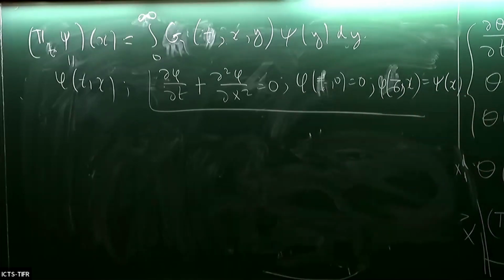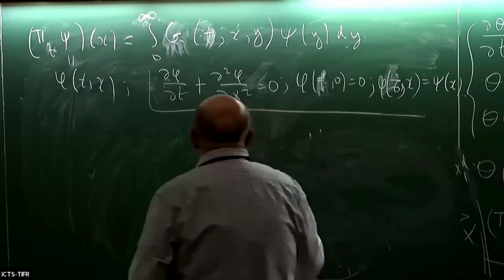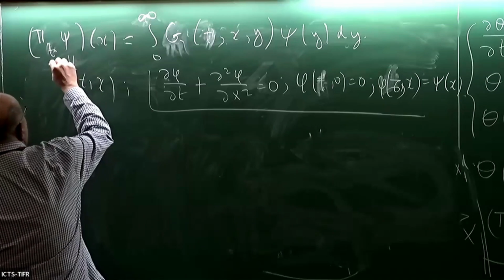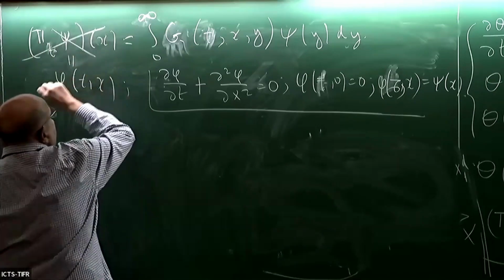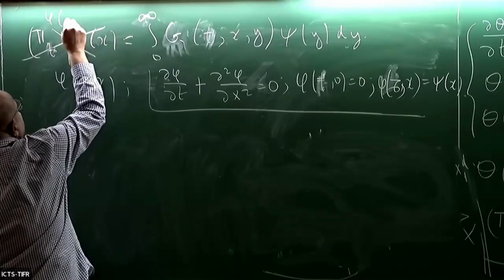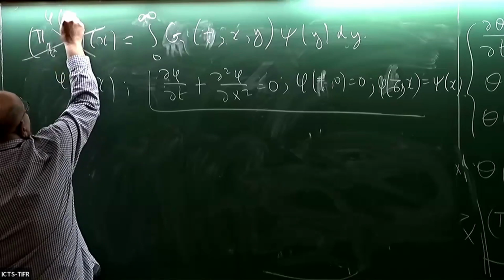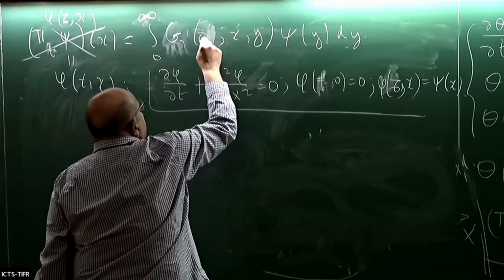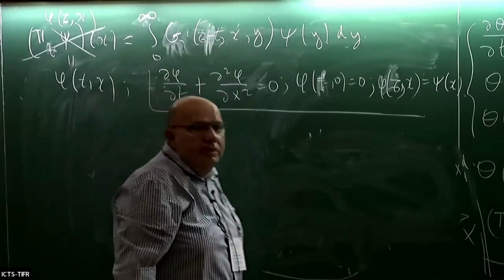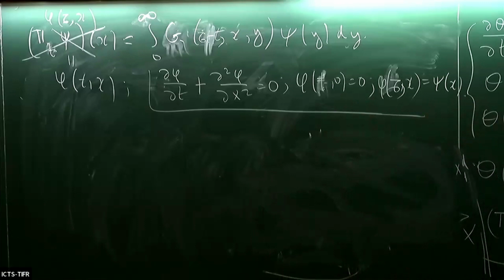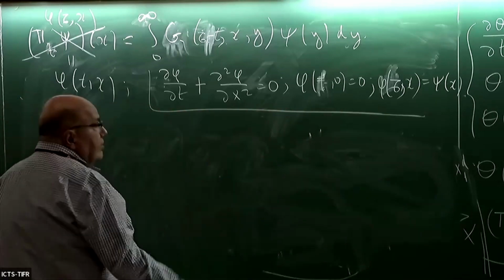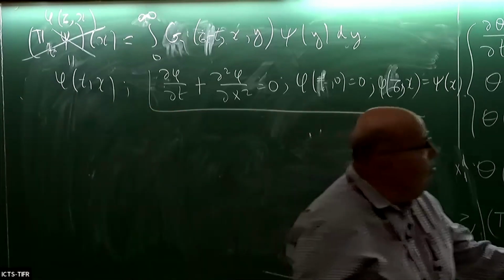Whose solution will be, the only difference is that I'm erasing this and replacing it by phi of tau, x, and here I will get tau minus t. I just took the backwards problem. And then what I will do is to write the equations which I have here.